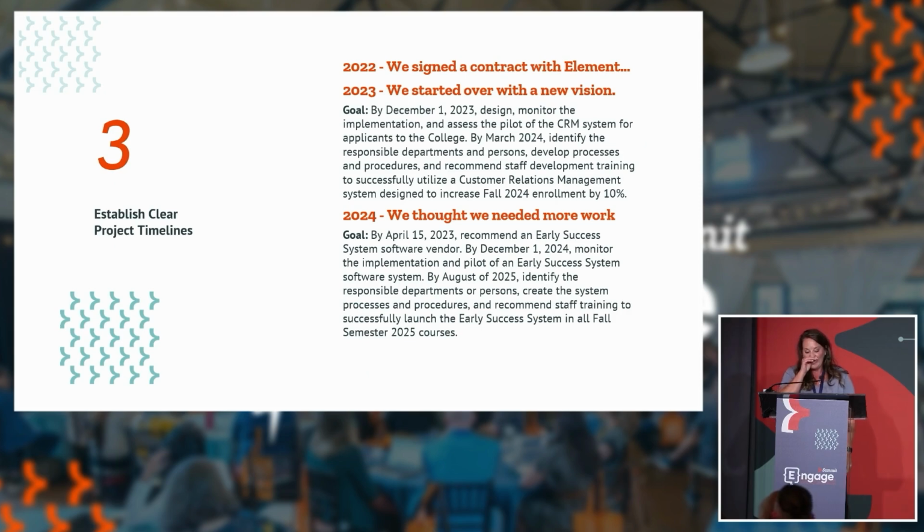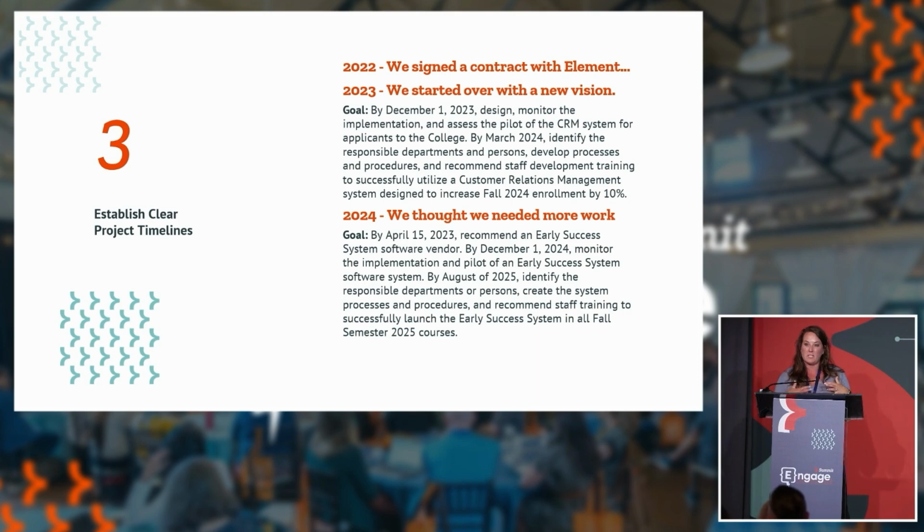Number three is establish clear project timelines. So this was kind of a reality check for us. We implemented initially in 2022, and then we had some team leads transition away from the college, and that kind of delayed our implementation process, but it allowed us to revisit our vision and what we were trying to do.